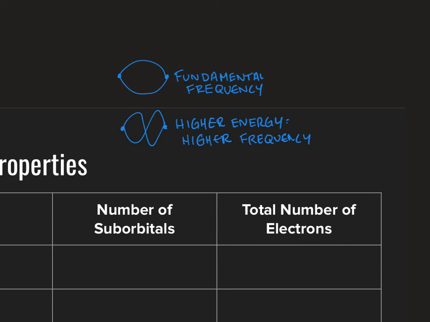Just like for the waves on a string, only certain allowed frequencies of vibration would form a standing wave on that string. That is to say, the energy levels of an electron, and therefore the frequencies of that electron, are quantized values. So let's go ahead and have a look at the shapes of the orbitals derived from the Schrödinger wave equation.